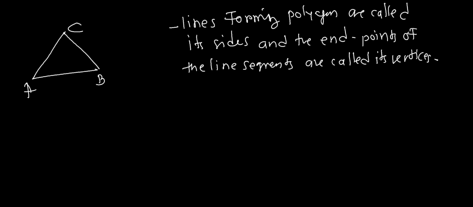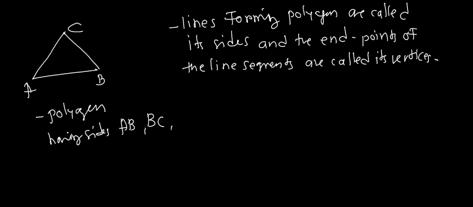So this is a polygon shaped as a triangle, having sides AB, BC and CA, and A, B, C are the vertices.